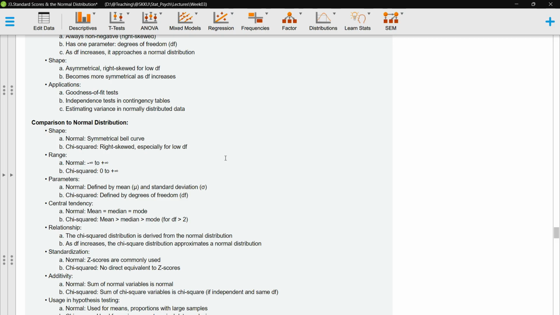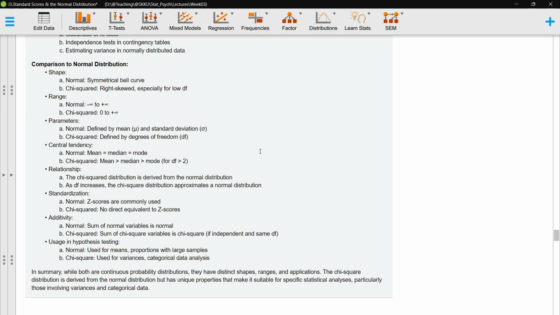And for the relationship between the two, the chi-square distribution is derived from the normal distribution, as I explained before, right? And as degrees of freedom increases, the chi-square distribution approximates a normal distribution. This is a pretty interesting characteristic, but we will not use this at this point.